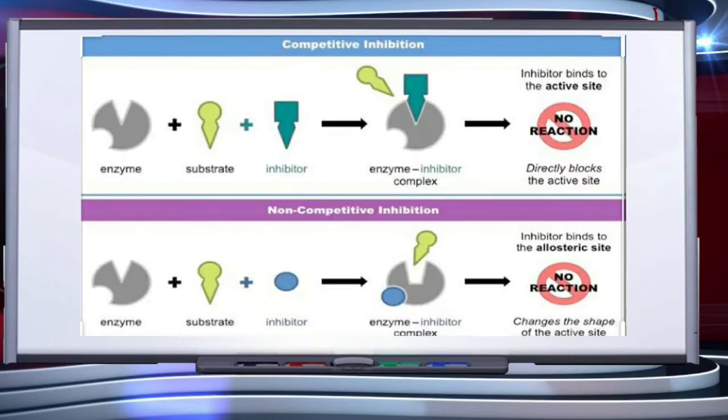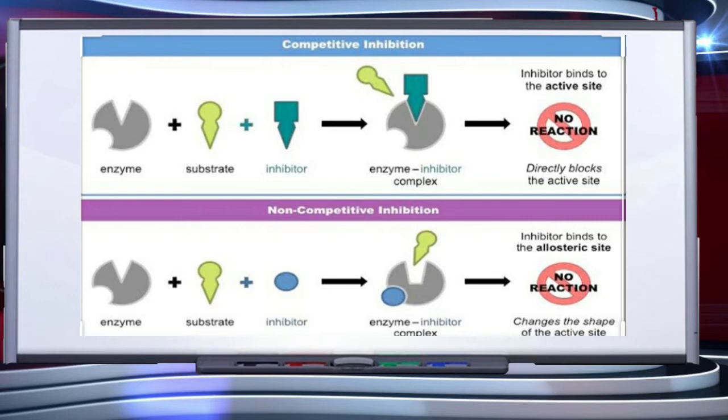Let's try to understand inhibition with the help of the diagram shown in this slide. The above one is of competitive inhibition, where the shape of the inhibitor is the same as that of the substrate. So there is a competition between the substrate and the inhibitor molecule to occupy the active site of the enzyme.